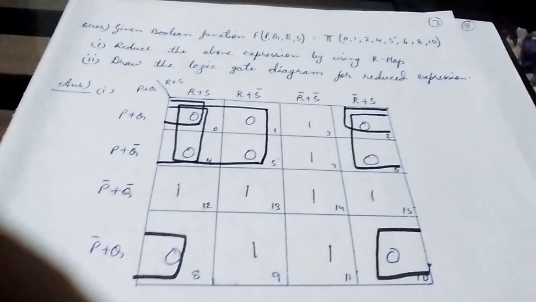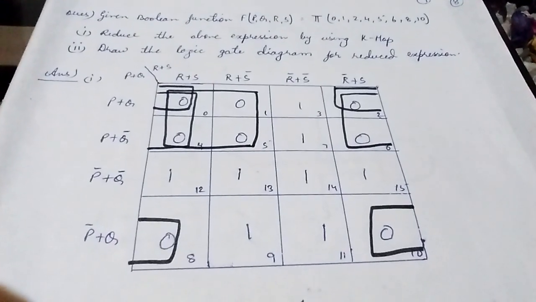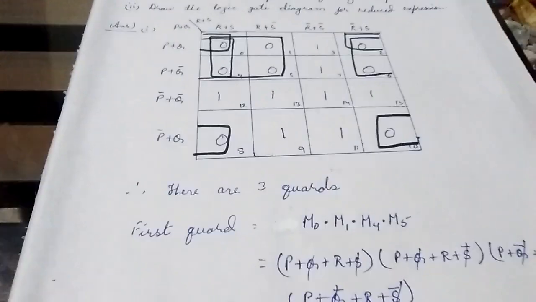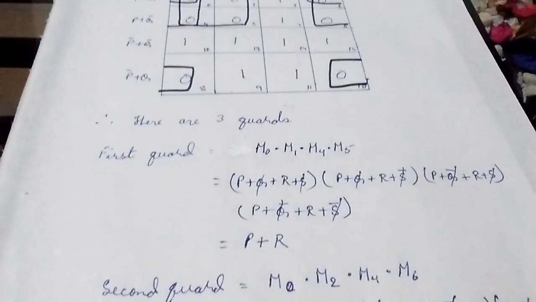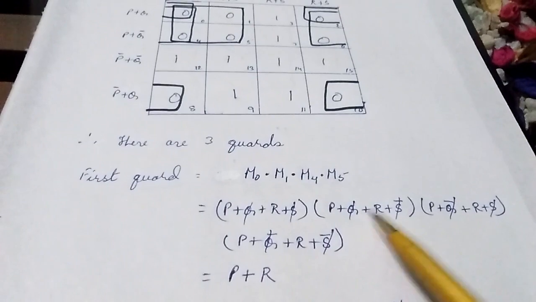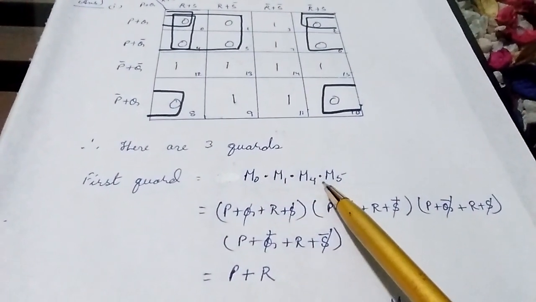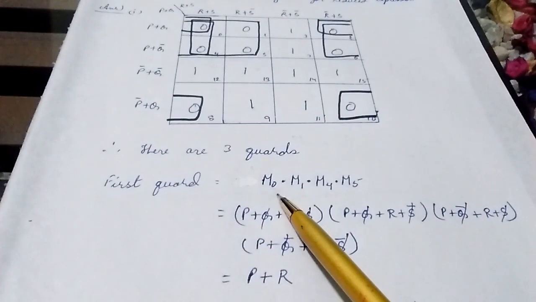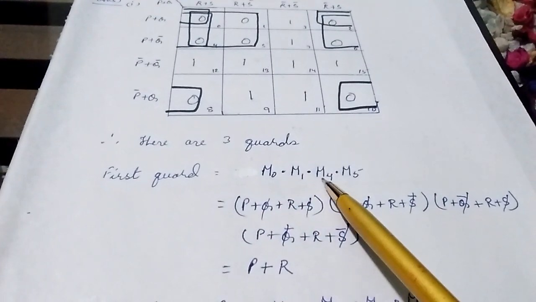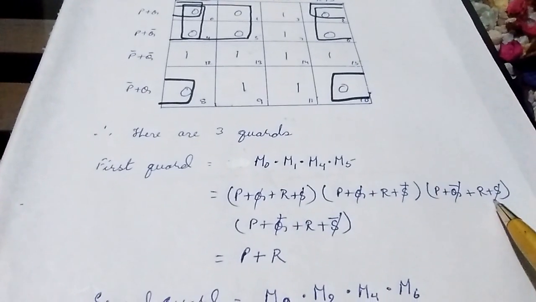So there are 3 quads only for this K-map. Remember that the max term combination we have to write, and the designation value we have to write with capital M with the dots. So M0 dot M1 dot M4 dot M5, and its max term combinations we will write.